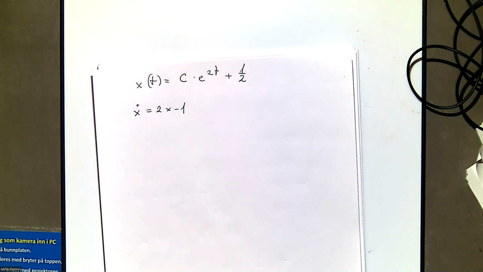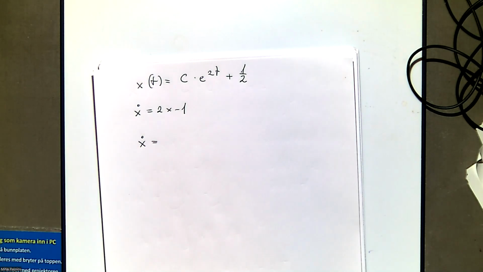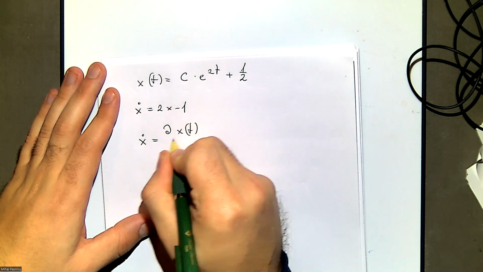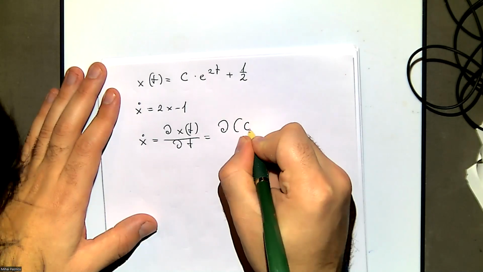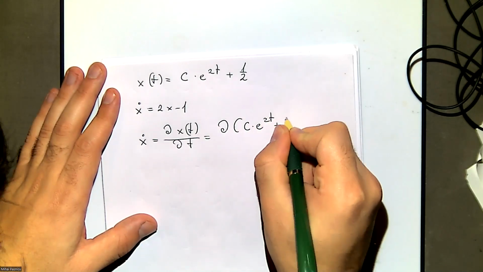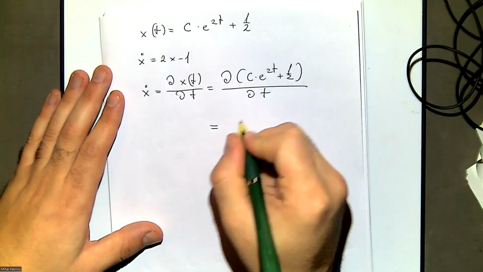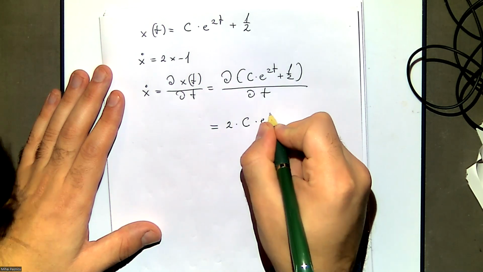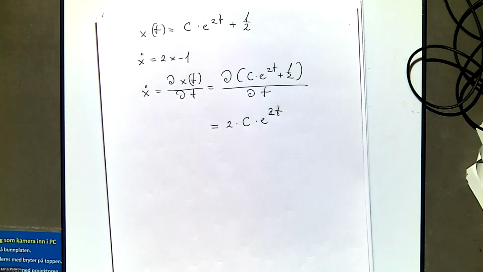Remember that x dot is just the derivative of x with respect to t. So it's the derivative of the constant times e to the 2t plus a half, which gives me 2 times a constant times e to the 2t. So just compute x dot.